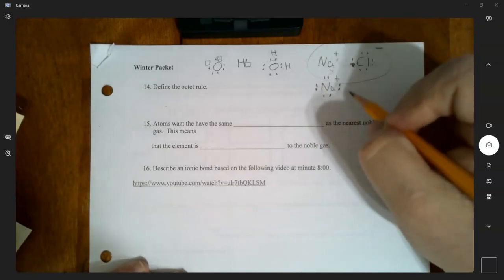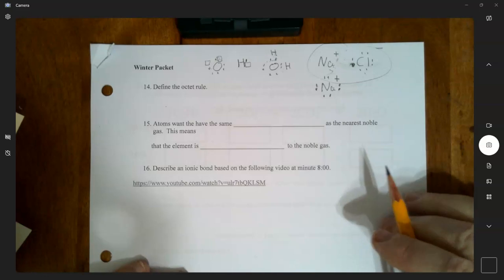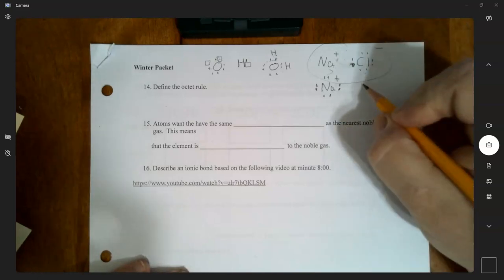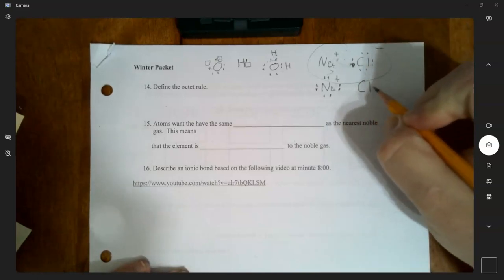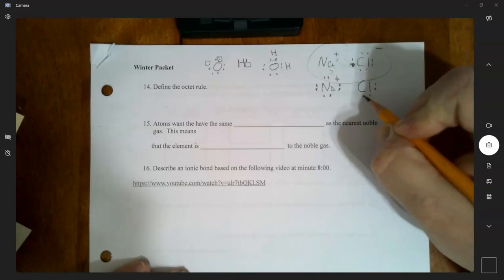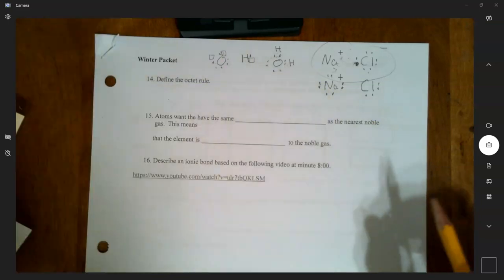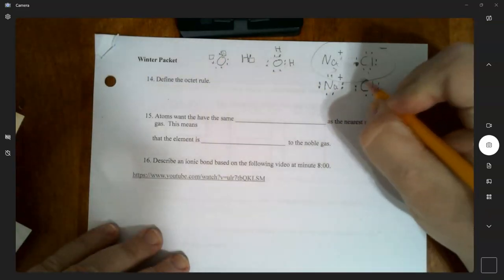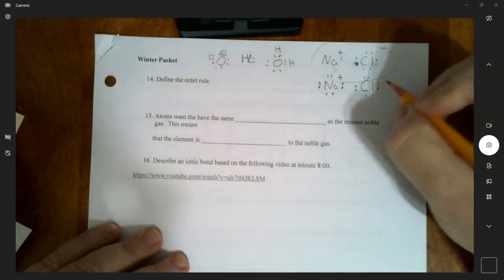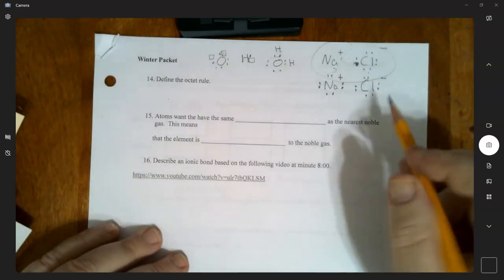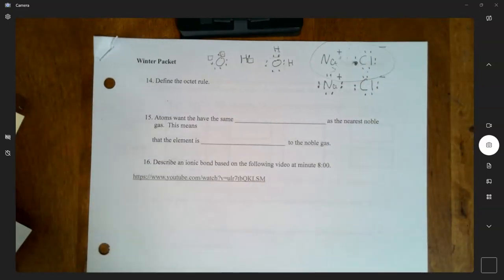Okay, typically you put brackets around it. You can do that or not do that. Okay, and chlorine, of course, has what we just showed. It has a full octet because it picked up an electron. Chlorine picked up an electron to be like argon, and everybody wants to be like a noble gas. And then you'd put a minus sign there. They attract each other. All right, so that is the octet rule.